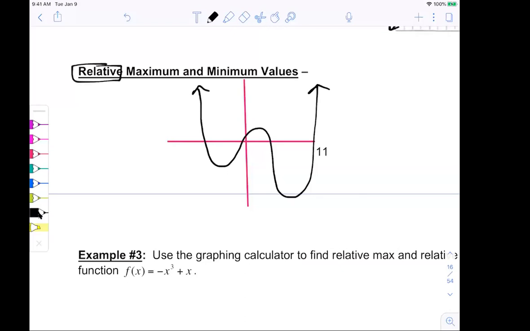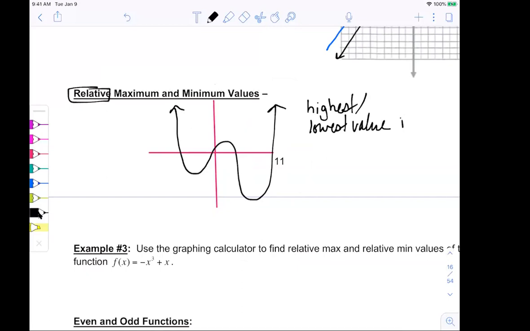So the word relative max or min means it's the highest or lowest value, depending if it's a max or a min, in a curve of a graph. Essentially, it's the highest or lowest point compared to the points that are around it.